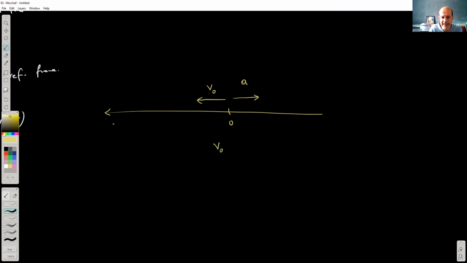So in that case, the x-axis is pointing to the left. Initial velocity is this time positive, and the acceleration is this time negative. Let's compare these with this one.